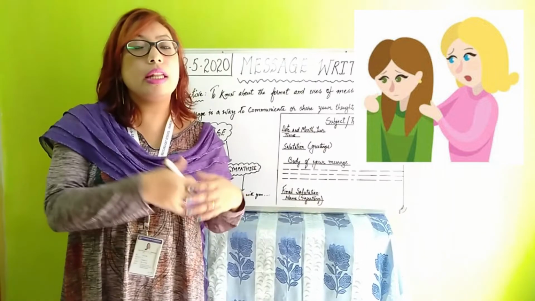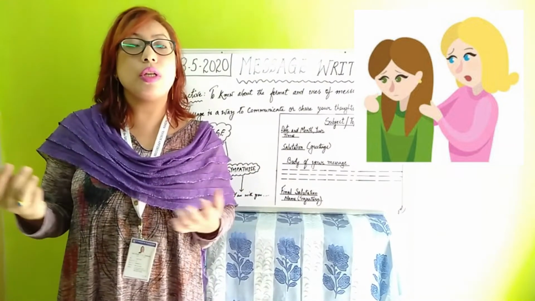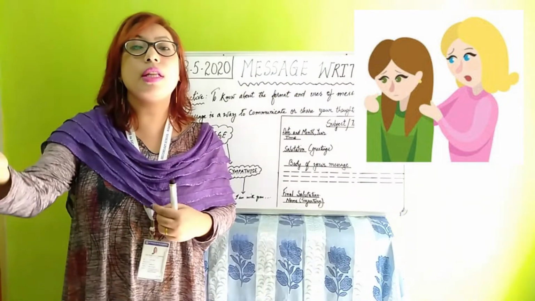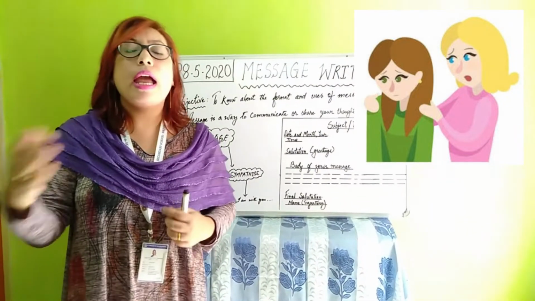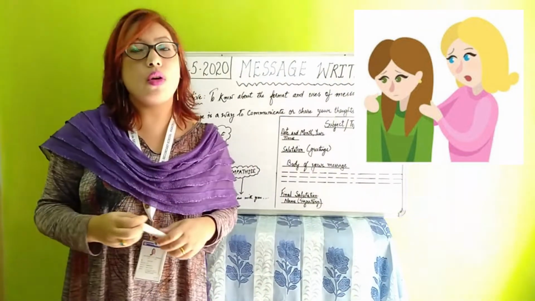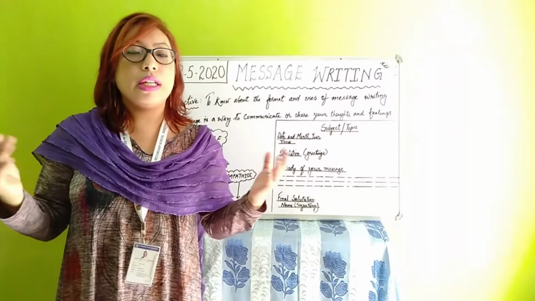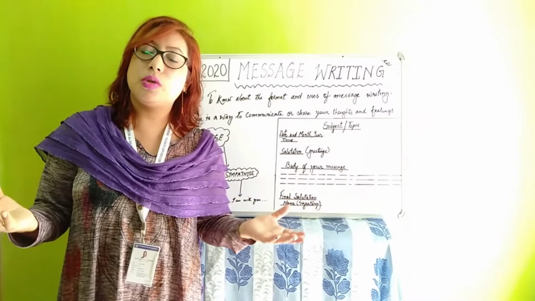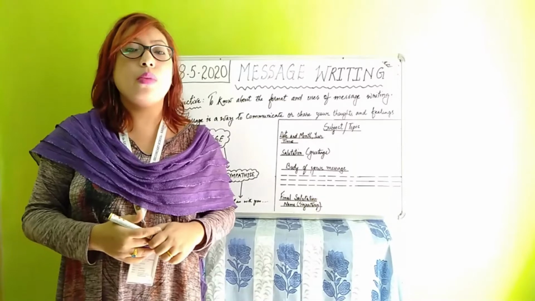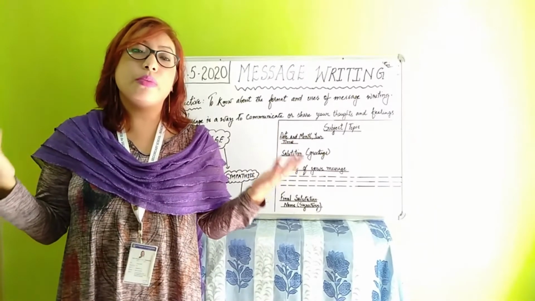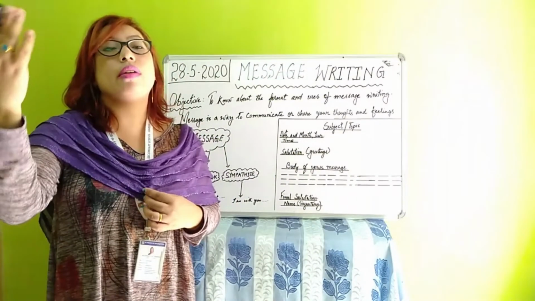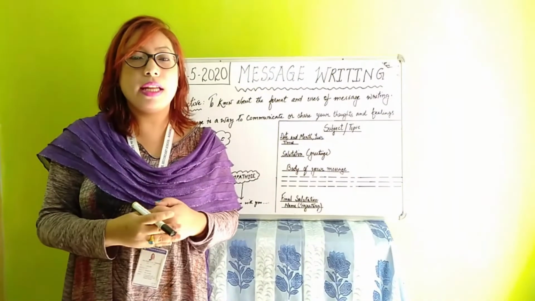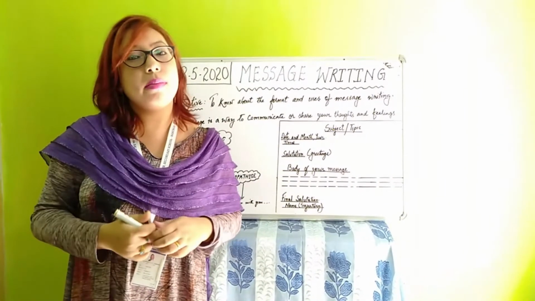So in that particular situation, you want to sympathize with the person, you want to tell the person that you care about them and you are feeling sorry about their loss. During that time, we can write a sympathetic message to that person. We can use words like, I'm sorry to hear about your loss, I'm with you. So we can use words like that when we write a sympathetic message.